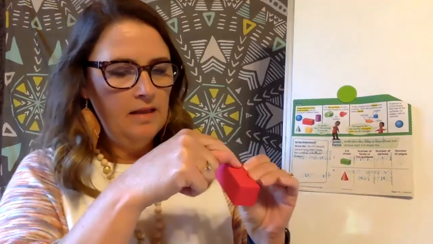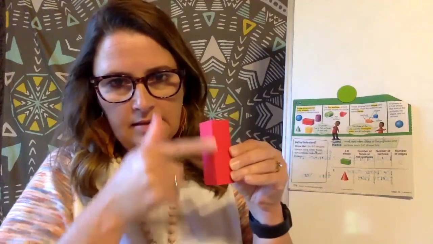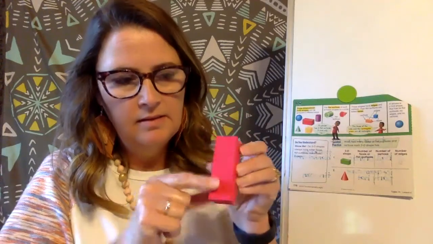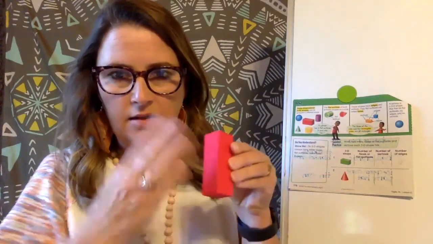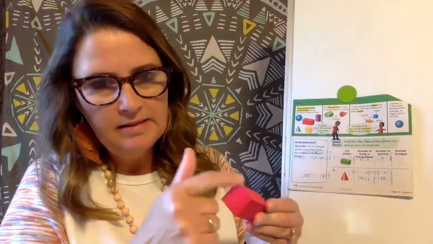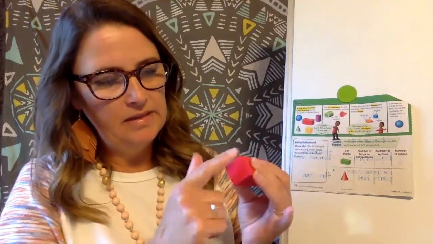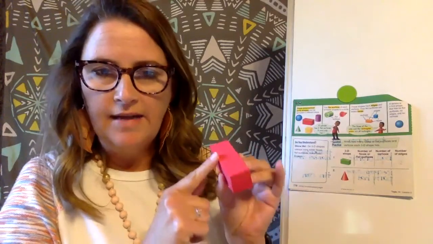Okay, these are here, this, this, this, and this. Those all 4 were the same. And this, and this are the same. Okay, and they're the same on this end too. Those are all called edges. It's where those 2 sides kind of meet right there.